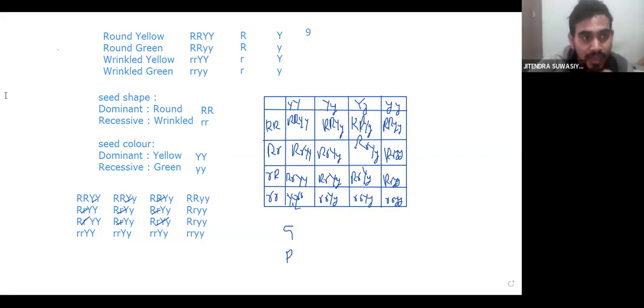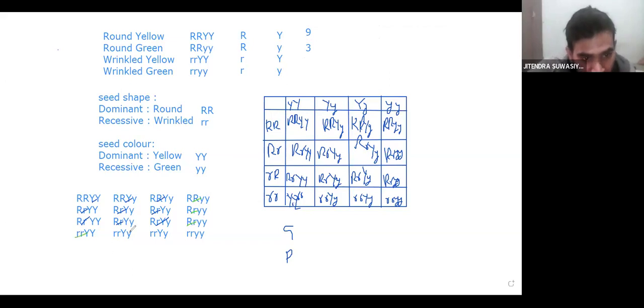Again, how many round green are there? Round green. So this is round and this one is green. This one is round, this one is green. This one is round and this one is green. So how many round green are there? 3. Again, how many wrinkled and yellow? This one is wrinkled yellow.